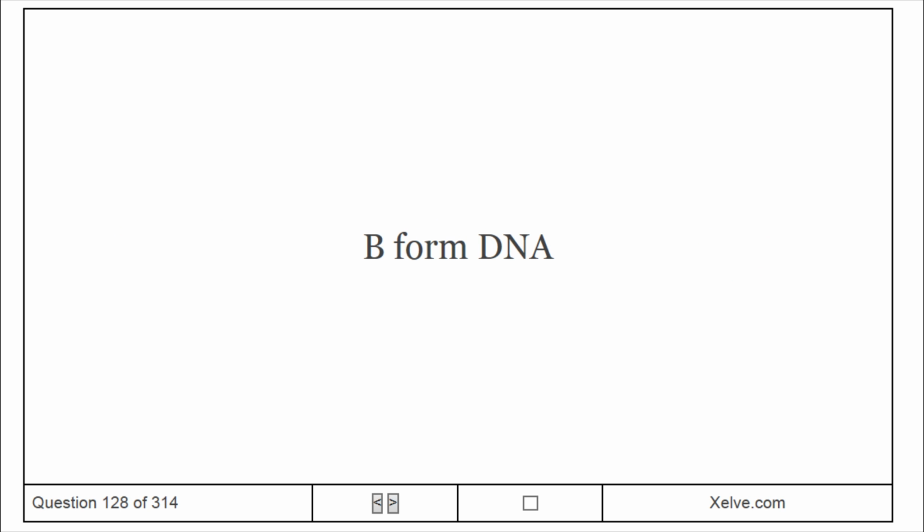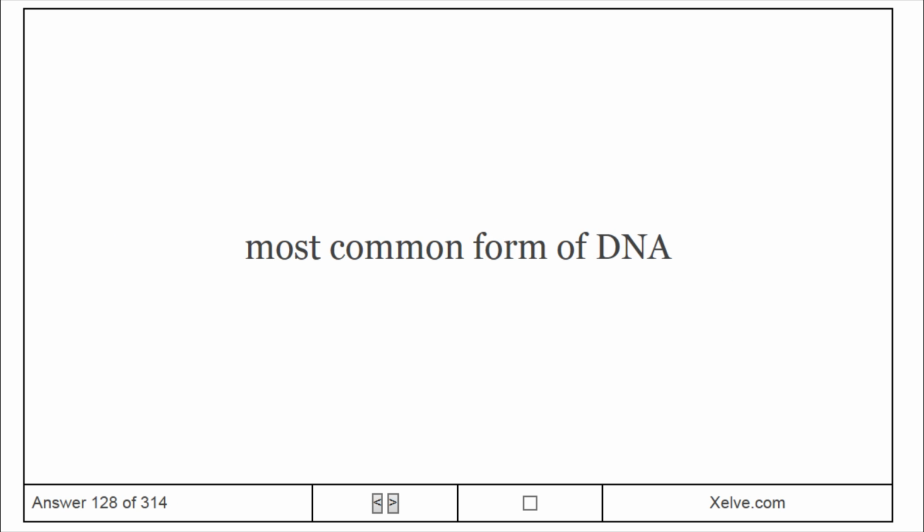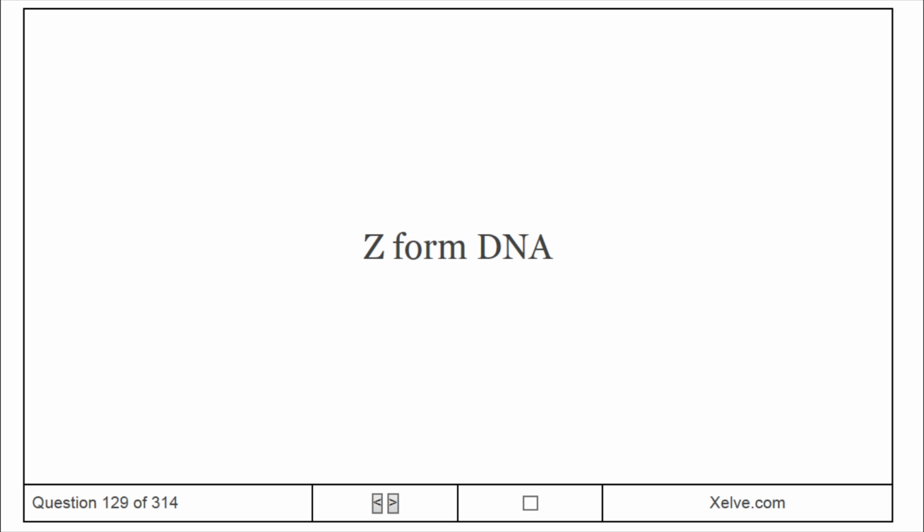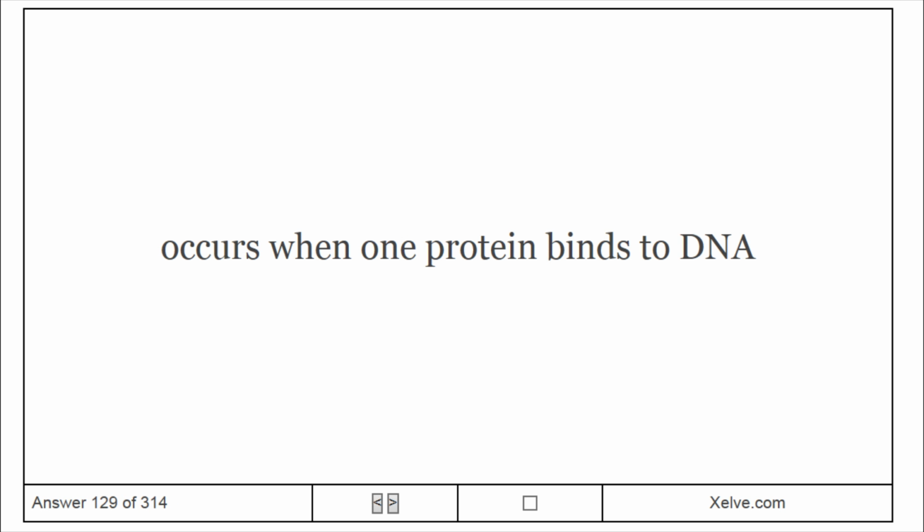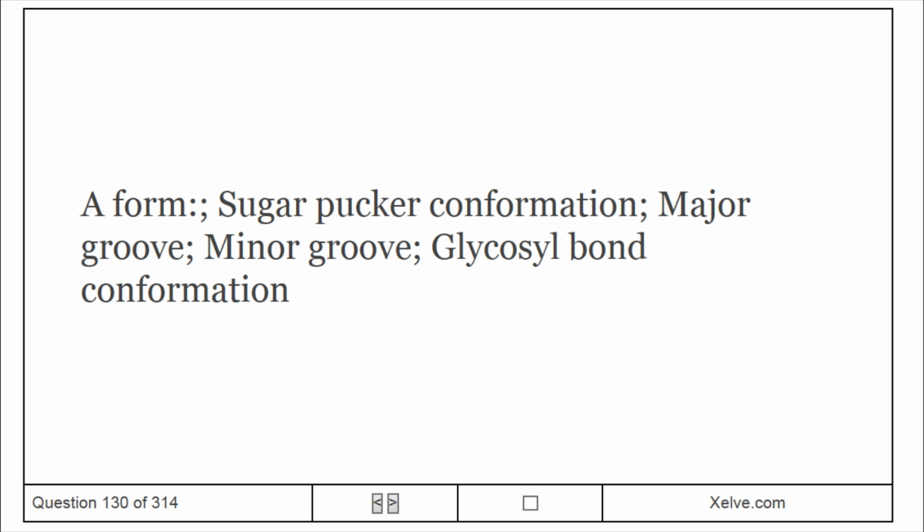B-form DNA is the most common form of DNA. Z-form DNA occurs when one protein binds to DNA.